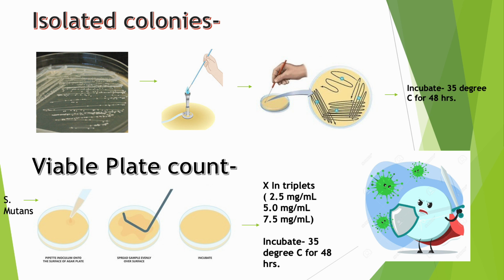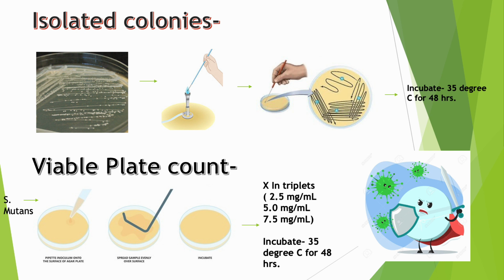Then the next step was the viable plate count. In the viable plate count, we took 3 different concentrations of EETC, that is, the ethanol extract of Terminalia chebula, having concentrations of 2.5 milligrams per ml, 5 milligrams per ml and 7.5 milligrams per ml.